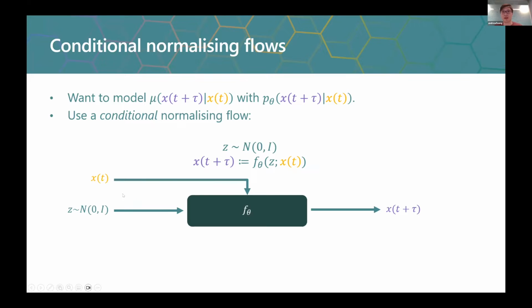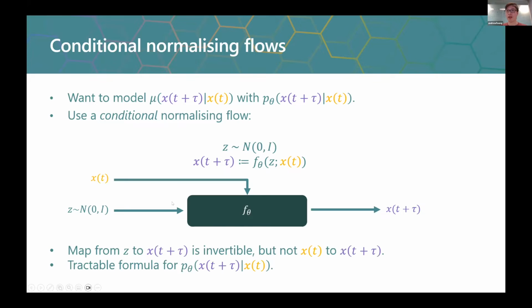So this green box in the middle is a bijection between the noise sample, the latent variable, and the output, which is a predicted state. But the bijection itself is also controlled by x of t. The map from z to x of t plus tau must be invertible because it's a flow, but the map from x of t to x of t plus tau can be anything. It doesn't need to be invertible.